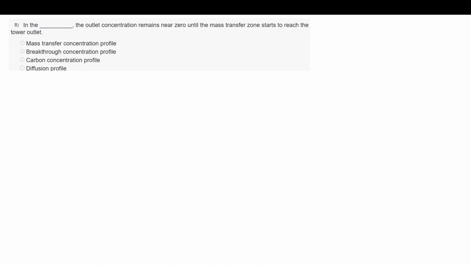So it's a breakthrough concentration profile, which I have already explained. When the mass transfer zone reaches the end of the tower, the concentration of the pollutant starts coming out of the column, like it starts rising, and that curve is nothing but the breakthrough profile.